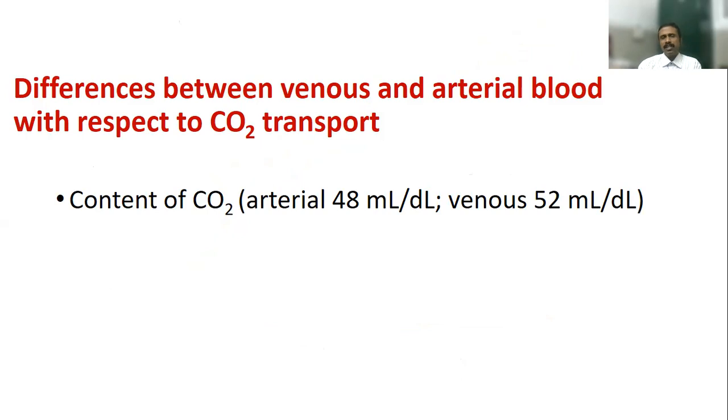Very obvious reason: tissues are producing carbon dioxide and that moves into the blood and is efficiently taken up and transported by the venous blood. And this property is given to the venous blood because of an enhanced capacity to hold the carbon dioxide in the venous blood, which is deoxygenated, by virtue of the Haldane effect.